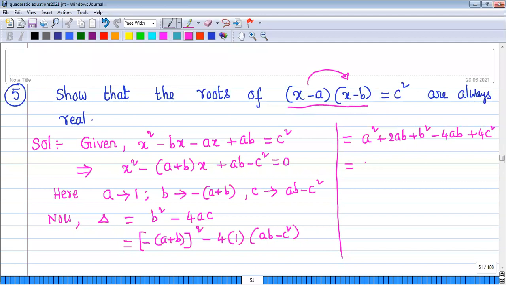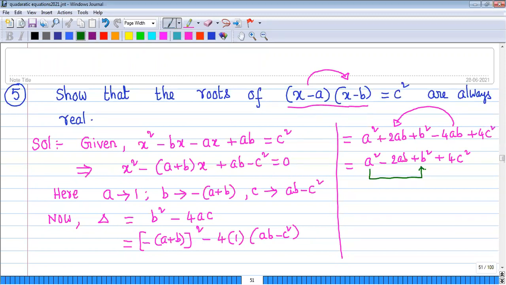So we can simplify like this: a square minus 4ab plus 2ab, that is minus 2ab, plus b square plus 4c square. So what will be the next step? What will you write in the next step? (a minus b) whole square plus 4c square.